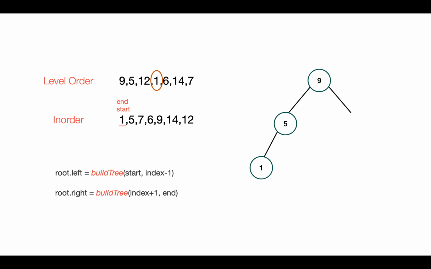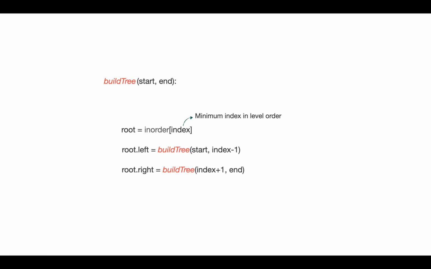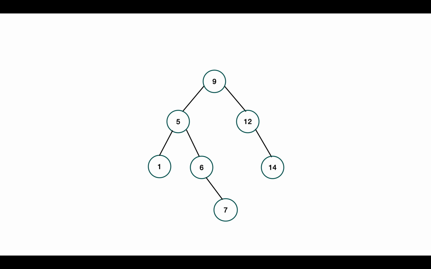So in that case, we simply set null to the left and right side of it. So this is the base case. When start is greater than end, we return null. So this was the approach to construct the binary tree from in-order and level order.